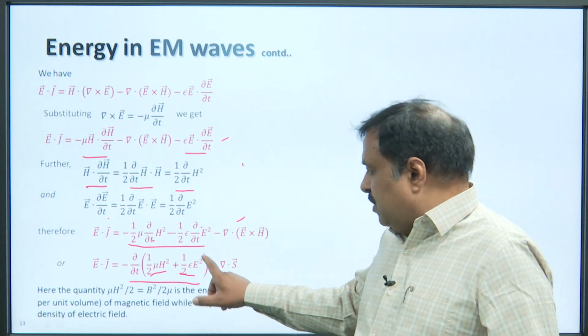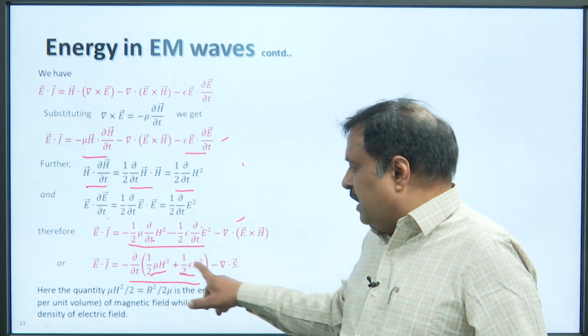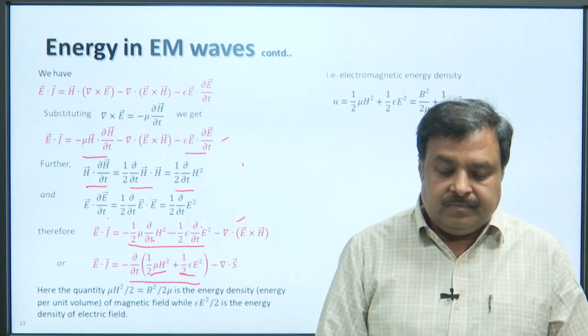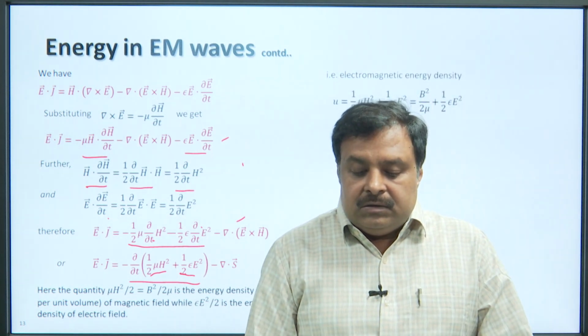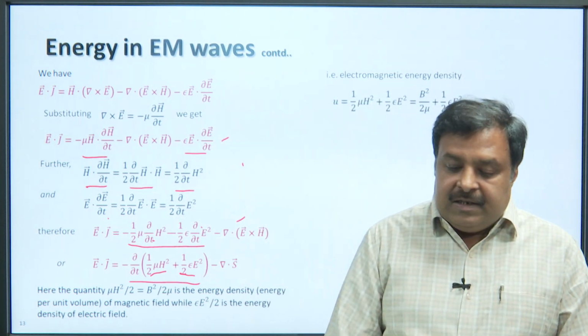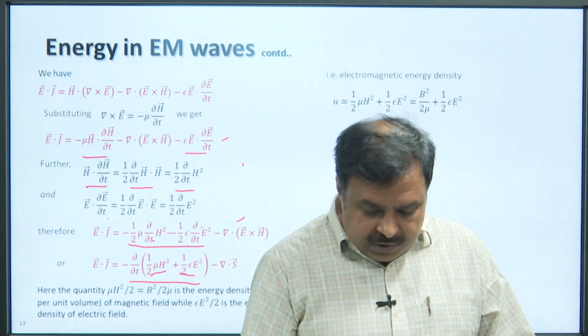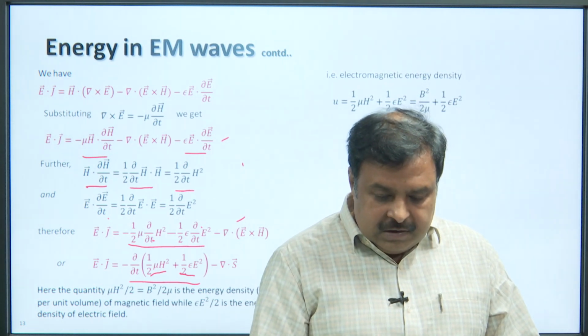So, the whole bracket represents total electromagnetic energy density. So, electromagnetic energy density U is half mu H square plus half epsilon E square.